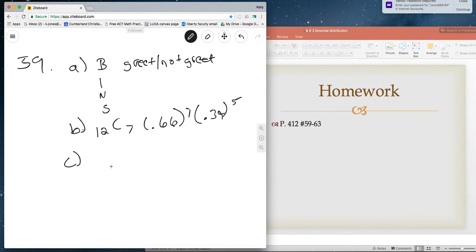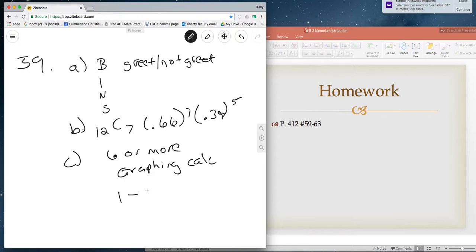For C, it says find the probability that at least 5 of the dog owners. At least 5 means 6 or more. So you would do that for each of those. Now, if you guys have a graphing calculator, there is a command that could make your life a lot easier.